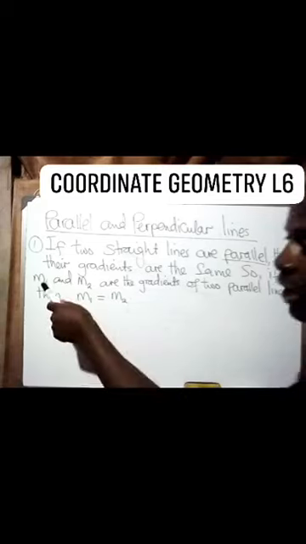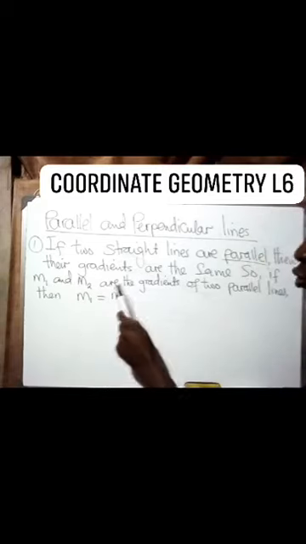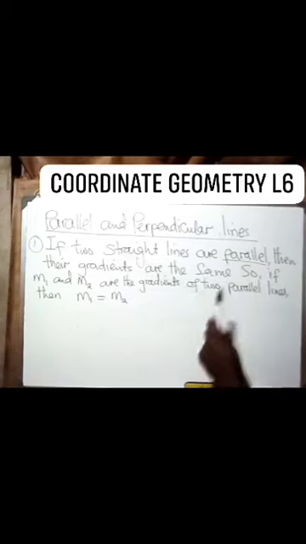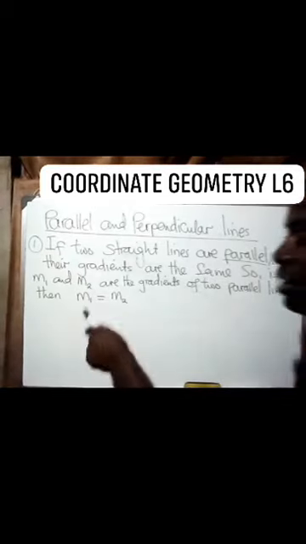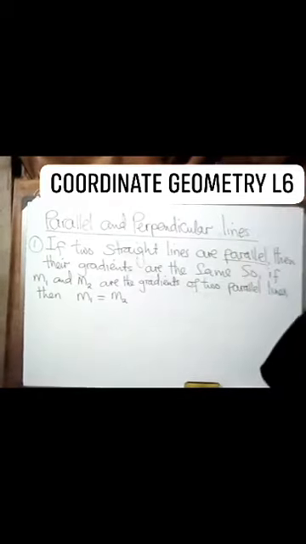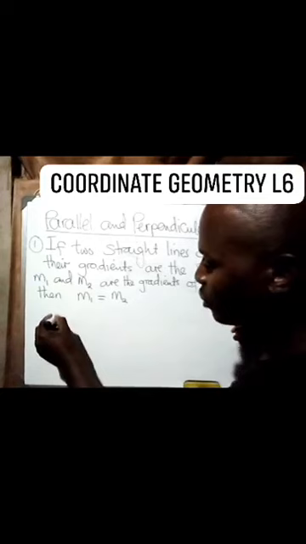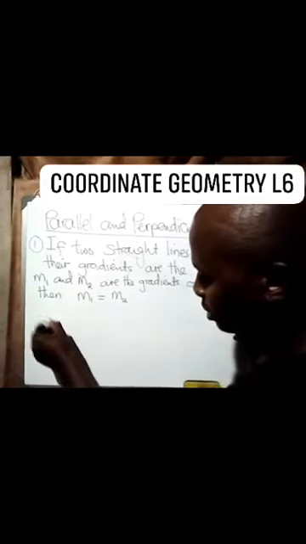So if M1 and M2 are the gradients of two parallel lines, then M1 is equal to M2. Now, what kind of lines are parallel lines? Parallel lines are lines which do not meet.